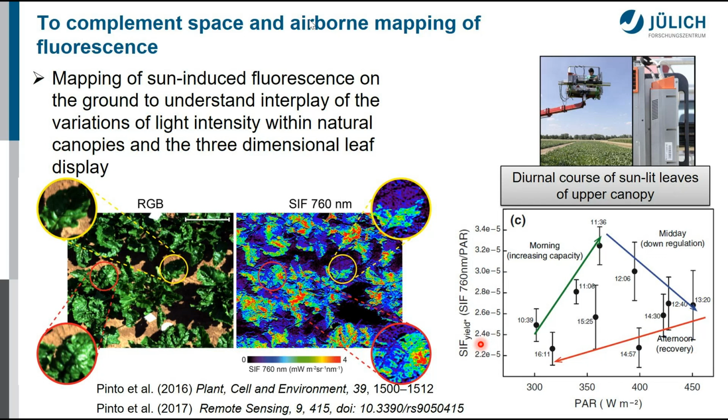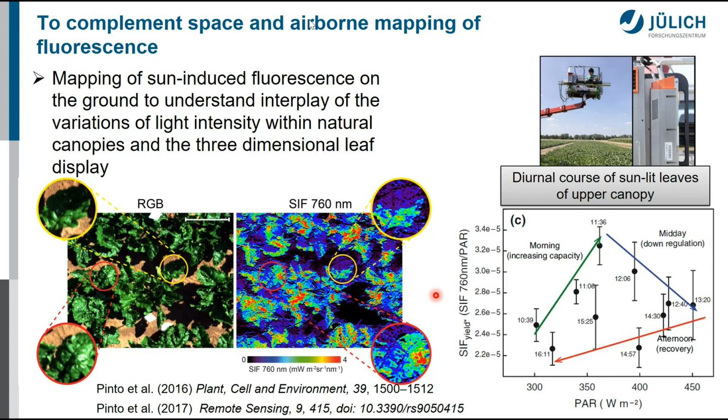But we would like to know what is really the fluorescence yield, meaning the fluorescence which is emitted per light or per photon which is absorbed. Therefore, we are normally trying to use the fluorescence yield as a parameter, which is the intensity of the fluorescence signal divided by the total amount of photons which are absorbed by green plant material. And this second part, this estimation of how much light is really absorbed in a canopy, this is a research question by itself.